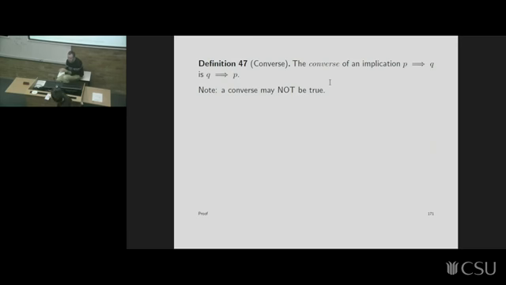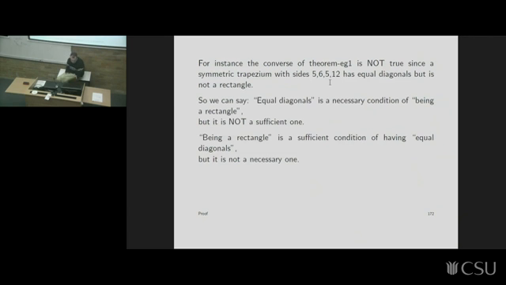So the converse of that would be if you have equal diagonals, you must have a rectangle. That's the converse. The converse is not necessarily true. And in this case, the converse is not necessarily true. If you think hard enough, you can get a trapezium which has equal diagonals. That's not a rectangle. So the converse is not true.